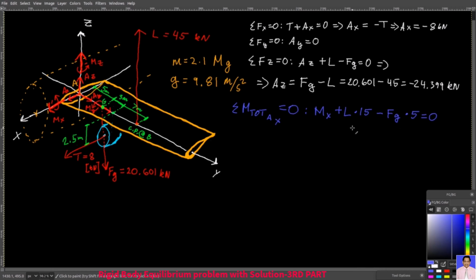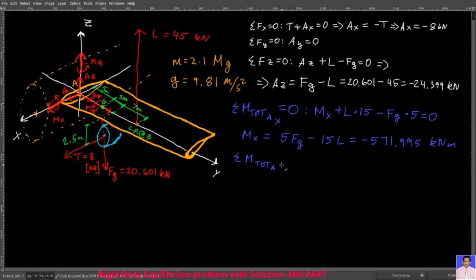The lift gives you a moment about the x-axis in the positive direction and the force of gravity in the negative direction. So the reaction moment Mx equals all this, minus 571.995 kilonewton meters. Mx is negative, so that moment in reality is about the negative x-axis, opposite to our assumption.